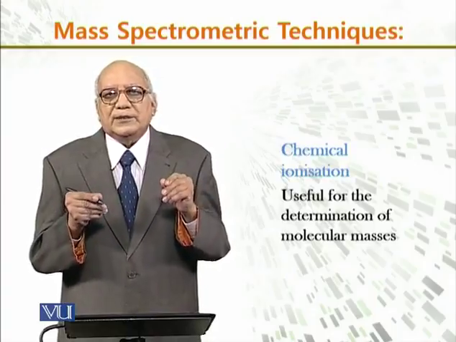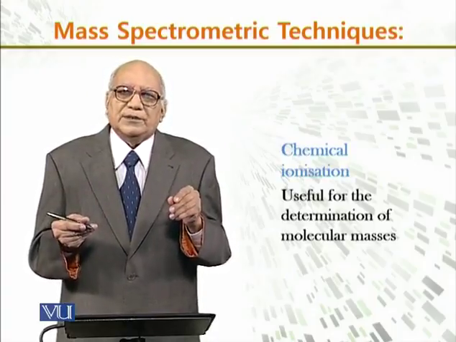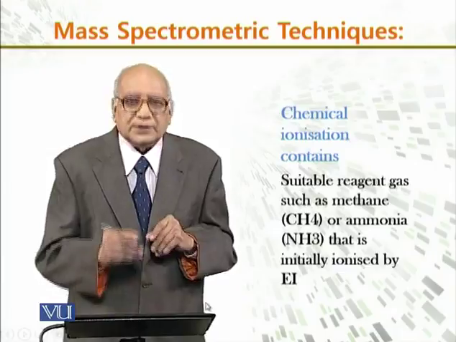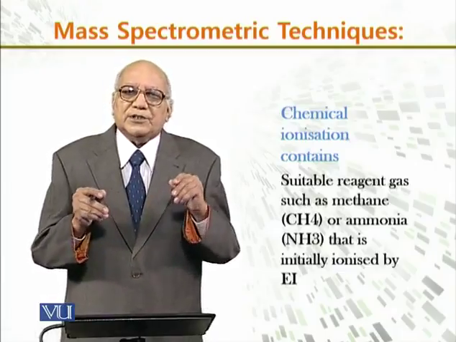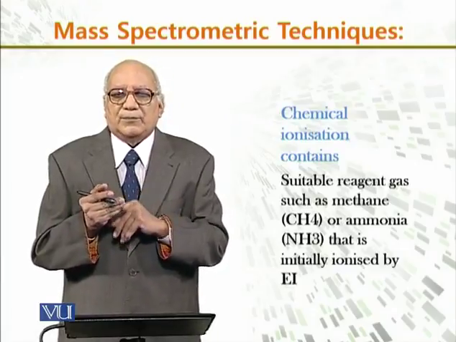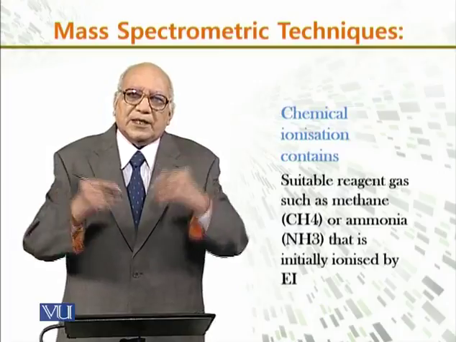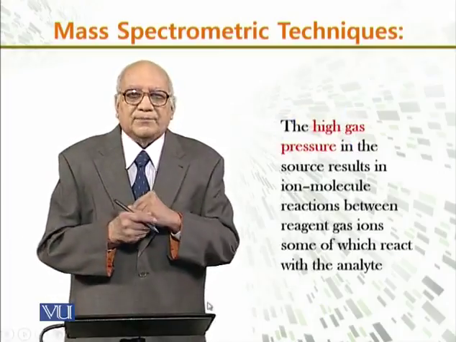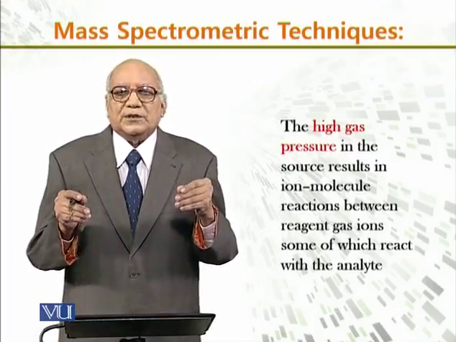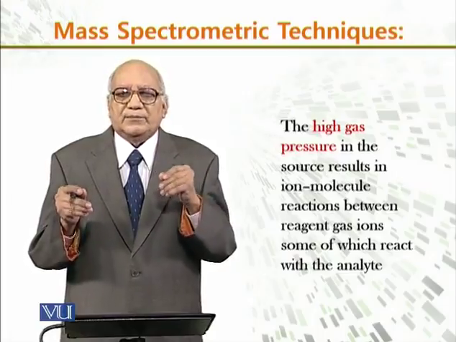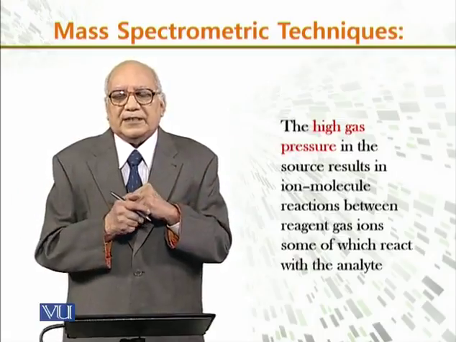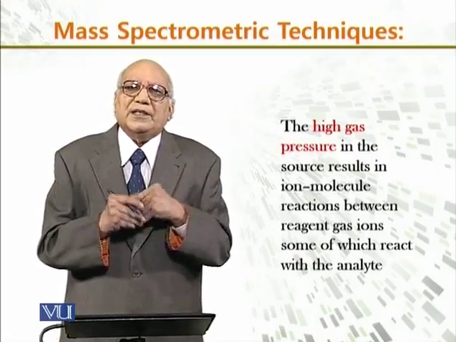That is, when we have to determine the mass of a molecule, chemical ionization can be used. Chemical ionization contains a suitable reagent gas such as methane or ammonia that is initially ionized by electron impact, and the high gas pressure in the source results in ion molecule reactions between reagent gas ions, some of which react with the analyte and produce cation ions.